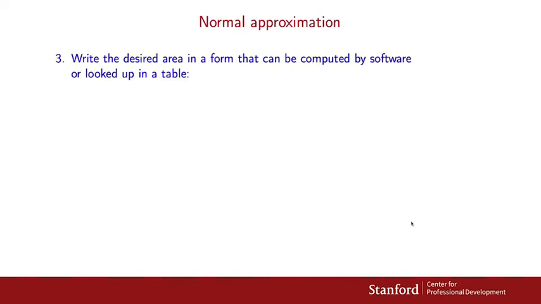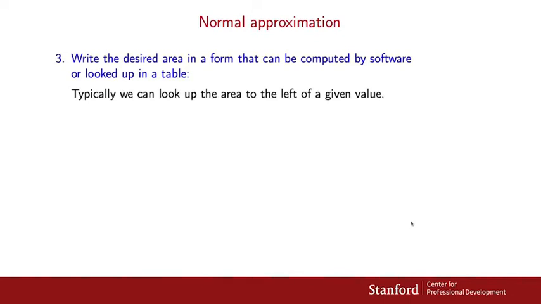So now we have to find the shaded area under the standard normal curve. At this point, we use a computer or a table to look up that area. That requires us to do a small extra step, because typically software requires us to look up areas that come in a certain form.